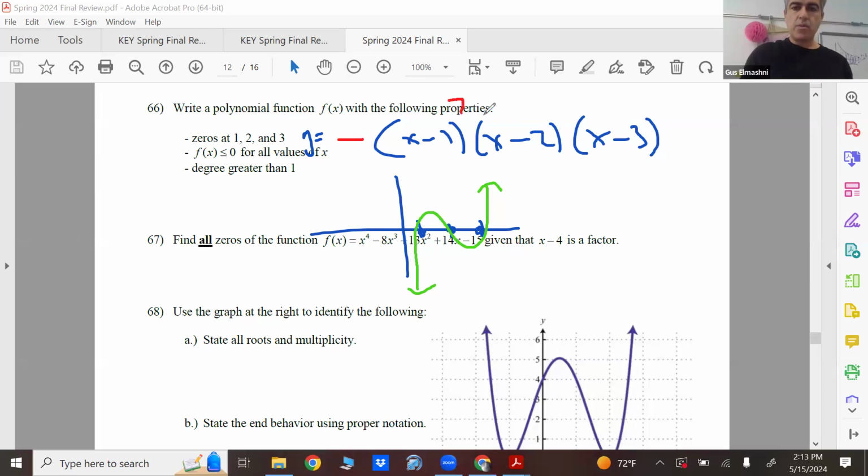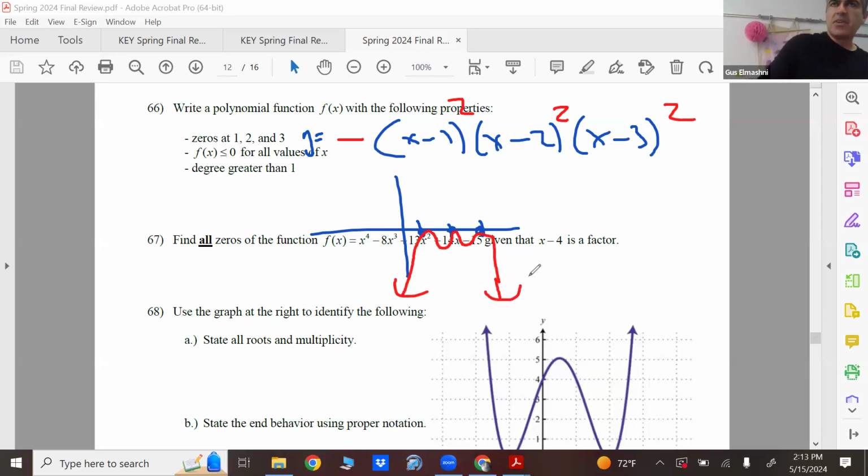Negative, squared, squared, squared. There you go. So you just have to think a little more critically about that. Does that make sense?